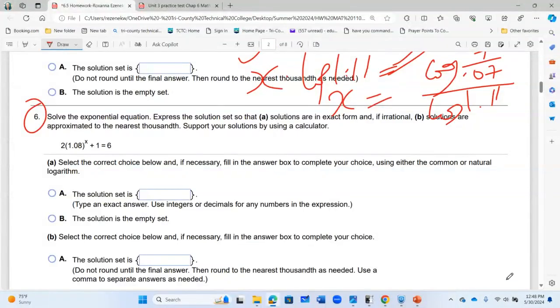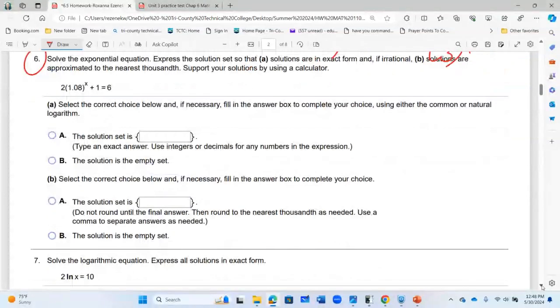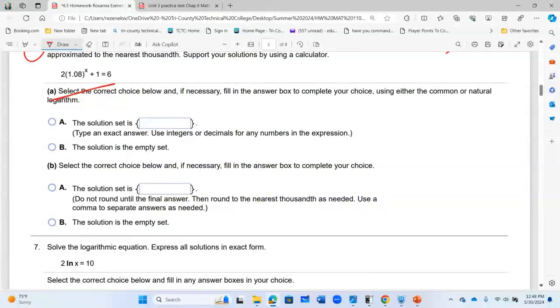So I'm just doing some of them to make sure you should be able to do it. Before I start solving, I can start by taking all the constants to the right-hand side. So I have 2 times 1.08 to the power x is equal to, I want to move 1 to the right-hand side.